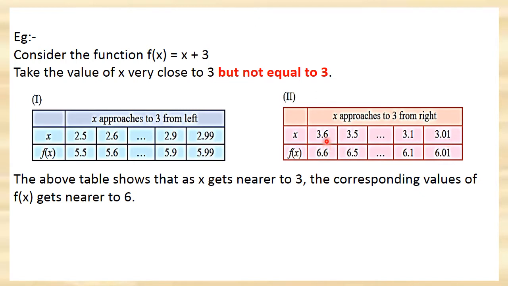And at the same time, the f of x values will be 3.6 plus 3, that is 6.6, and 6.5, etc., 6.1 and 6.01, etc. That means the above table shows that as x gets nearer to 3, the corresponding values of f of x get nearer to 6.